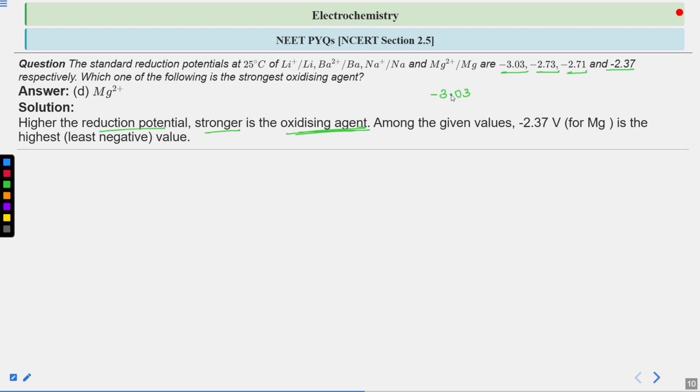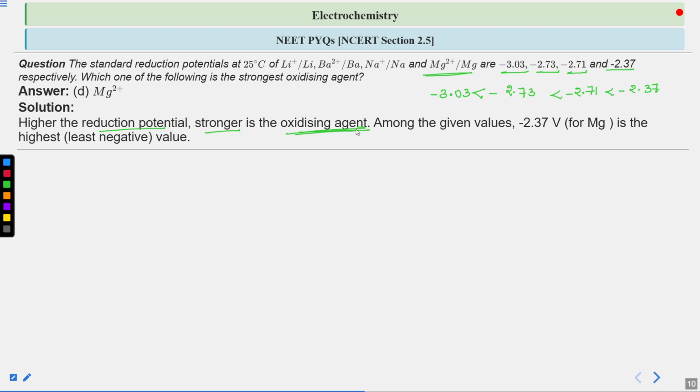So minus 3.03 is less than minus 2.73, which is less than minus 2.71, which is less than minus 2.37. So minus 2.37 is the highest value given, and it is the reduction potential for magnesium. So magnesium's reduction potential is highest. That means it can be easily reduced or it can easily oxidize others.